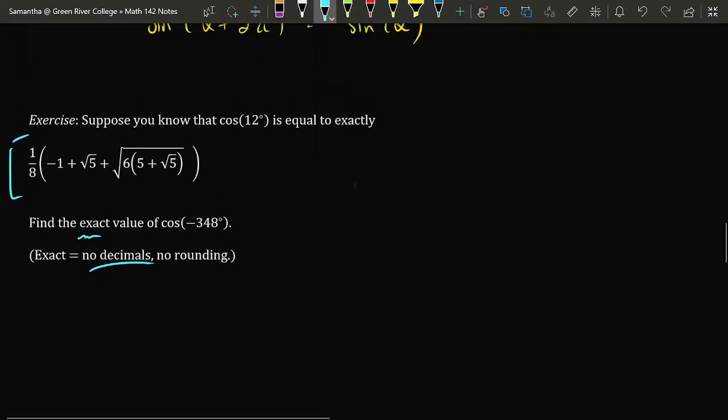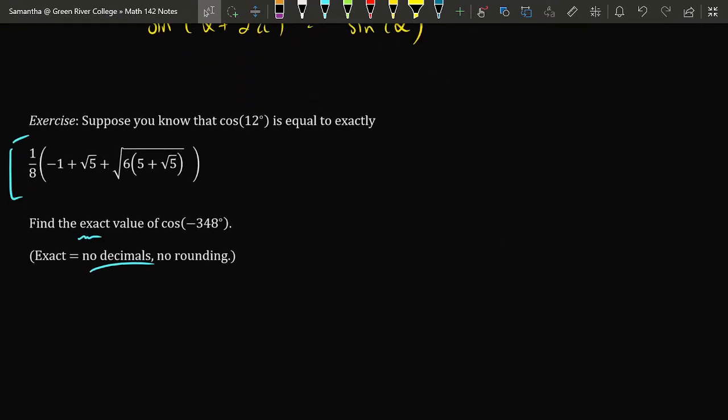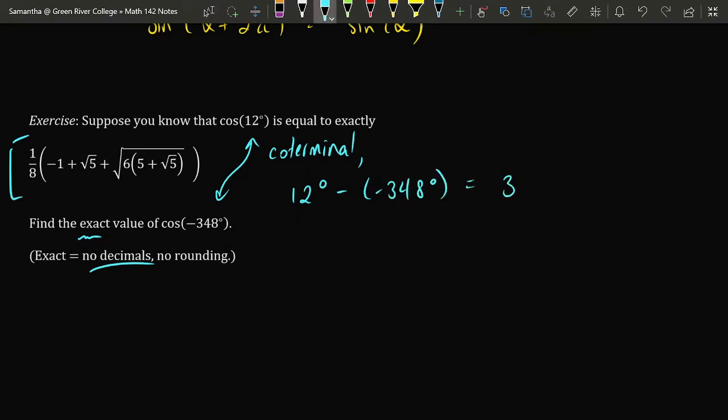Instead, let's try and use the property above, which is that two coterminal angles correspond to the same output values of cosine and sine. I can tell that these two angles are coterminal because if I look at the amount of separation between the two, if I take 12 and then separate out the negative 348 degrees, I will get 360 degrees, which is one full revolution.